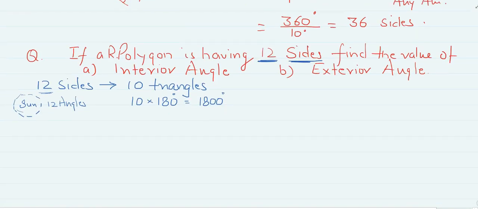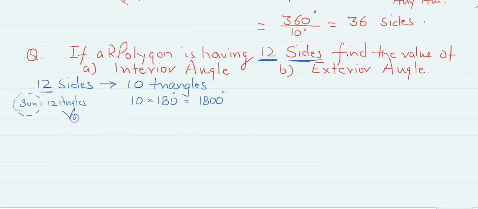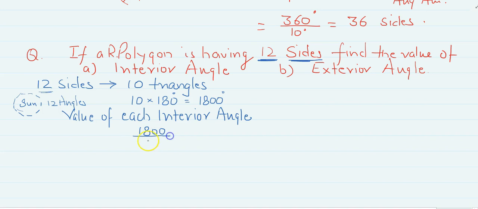So the value of each interior angle will be: total sum is 1800, total angles are 12. If we divide 1800 by 12, it comes to 150 degrees.